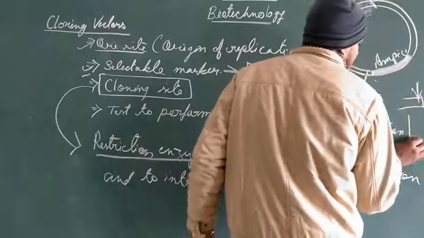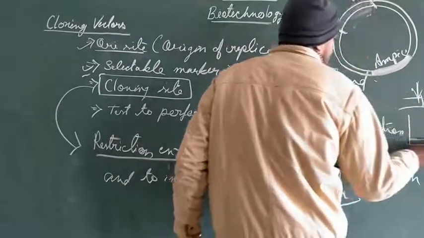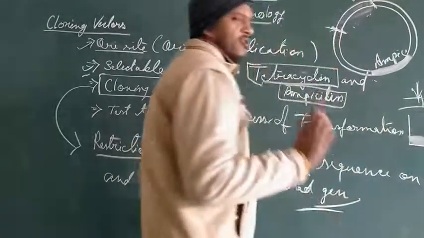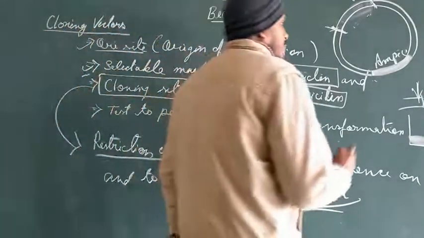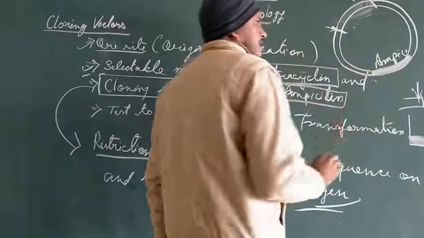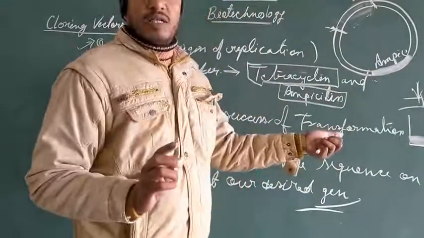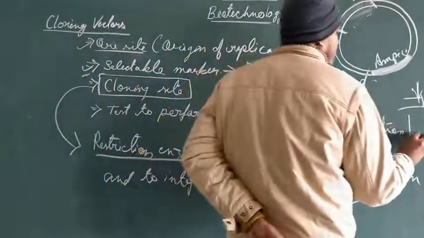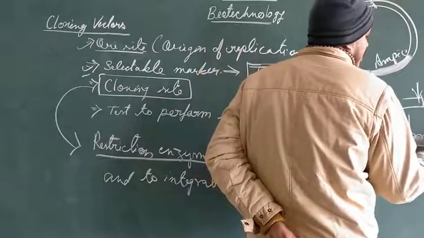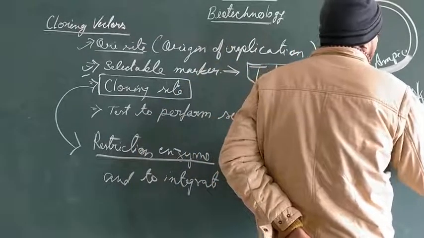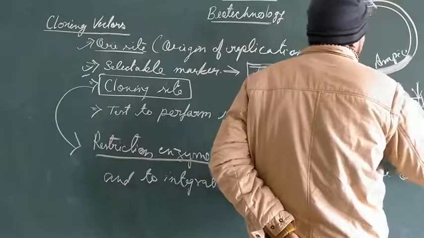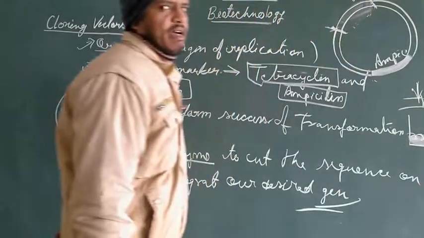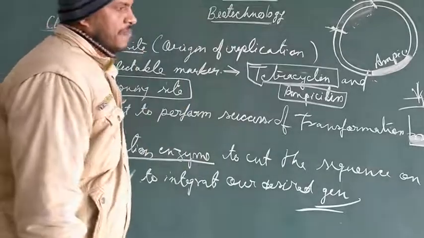This culture medium contains the antibiotic ampicillin. Now what will happen? The cells with the plasmid have resistance against ampicillin, so they are going to grow in this culture medium very properly, because they have the resistance against ampicillin.